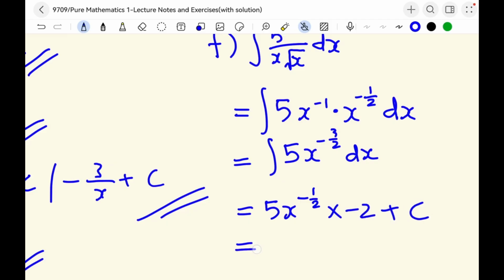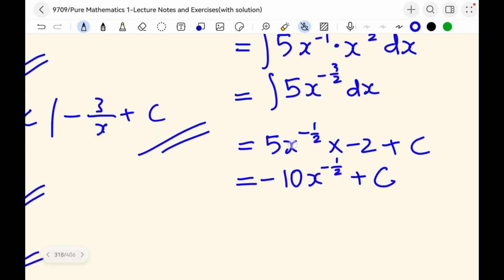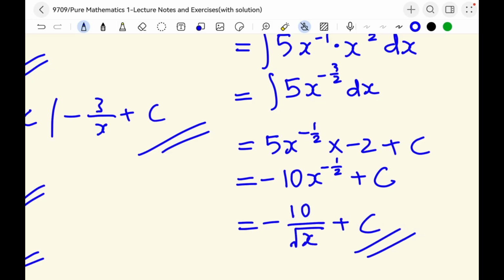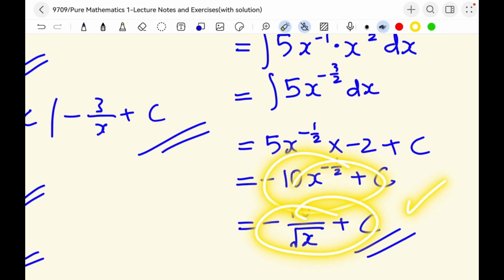Don't forget, you will get negative 10 x to the power of negative 1 over 2 plus c. And if you want to write it back in square root form, yes, you may. It's acceptable as long as both answers are equivalent, then it is correct.